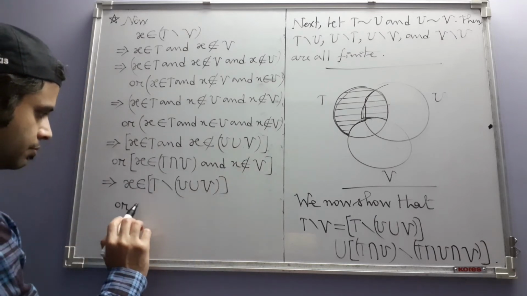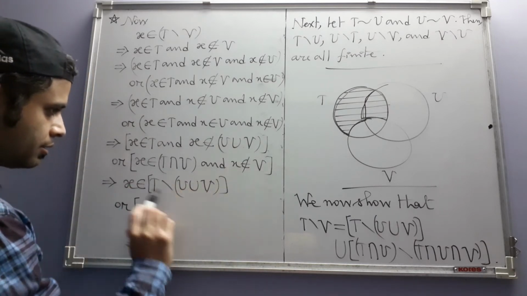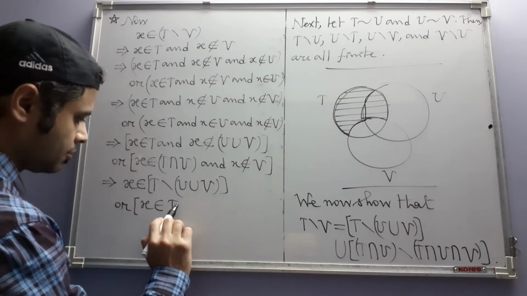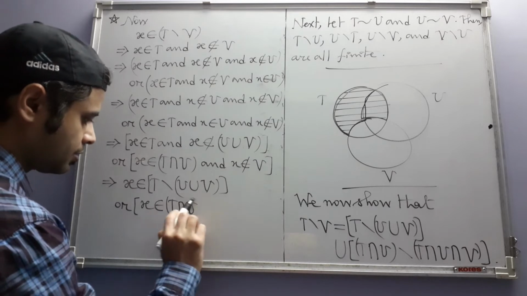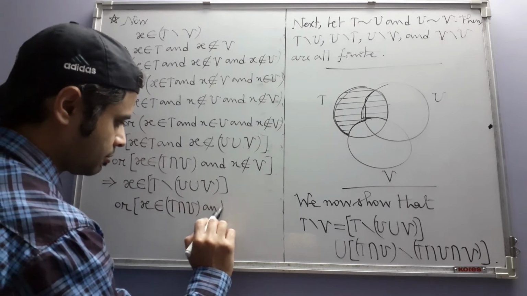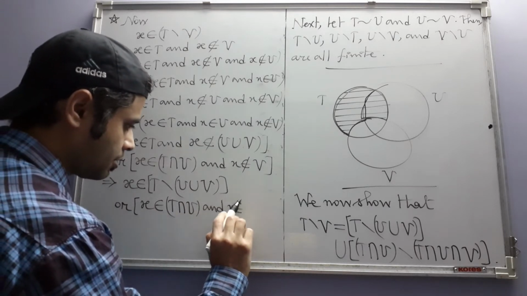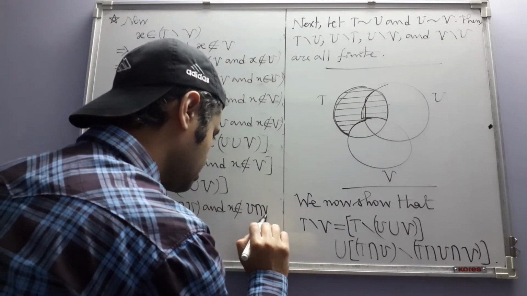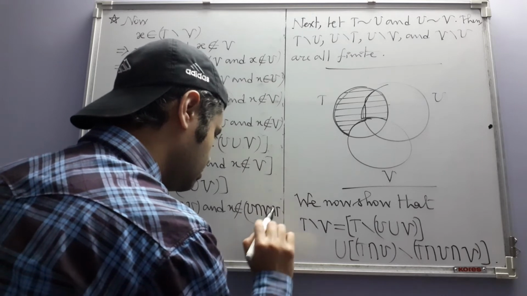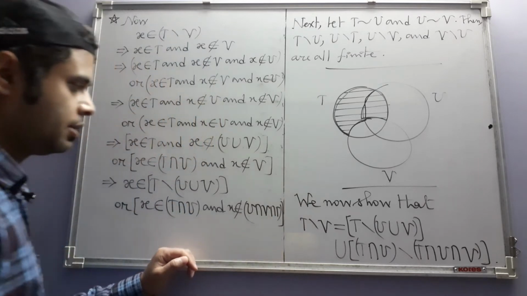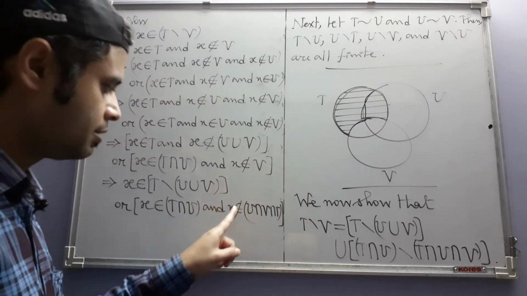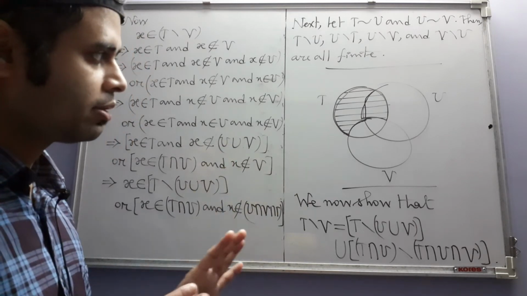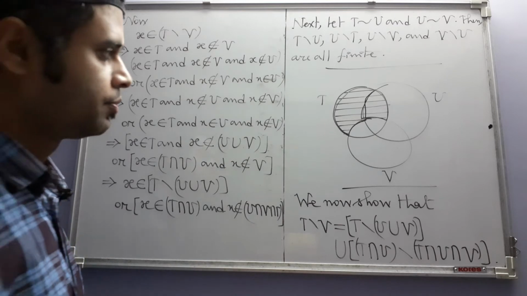or okay, now before we write something here, let us recognize the fact that x does not belong to U intersection V intersection T. The question is, how can we write this in place of this? x not belonging to V means what?